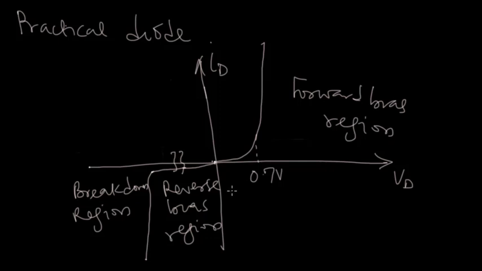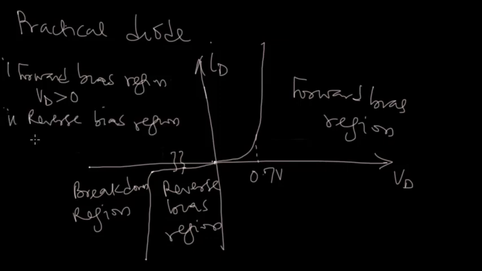Right, so we have three regions: the forward bias region, the reverse bias region, and the breakdown region. Now in the forward bias region, we have that VD is greater than 0, as you can see. In the reverse bias region, we have that VD is less than 0.